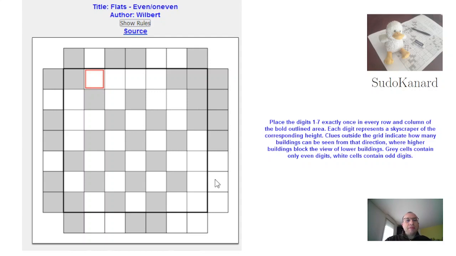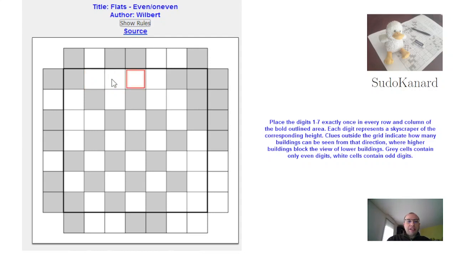And what's important about 7 is that whenever you get a 7 here, which is on the outer rim, this 7 blocks all other digits from view, so this should be a 1. And you see that if I try to place a 7 here, it doesn't work because this must be an even number.